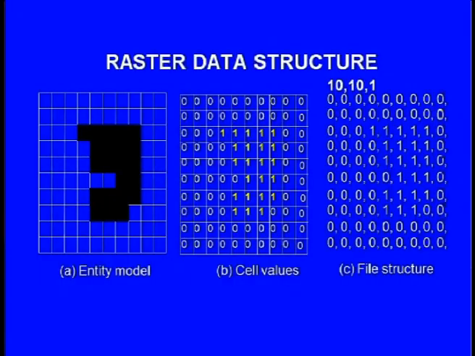So, the black polygon shown in the entity model is information which is present, and thus the same can now be filled up in such a manner that it has discrete values. So, here in the next figure, the cell values corresponding to the filled polygon have now been assigned a value of 1, whereas the areas where there is no information, it is stored as 0.